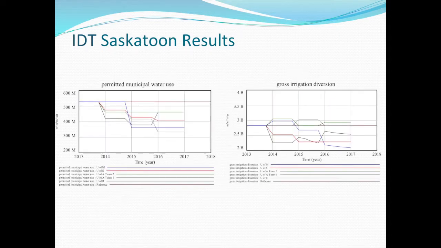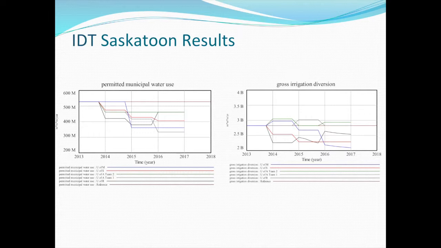And this is permitted municipal water use. We can see all the teams choose to ration the municipal water. And when you ration the water for the municipal purpose, the model will automatically choose to ration the outdoor water use first, and then ration the indoor water. So the outdoor water has the lowest water allocation priority in the model.